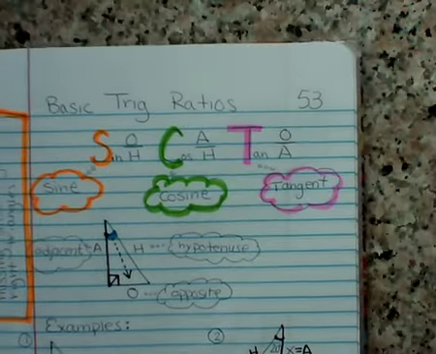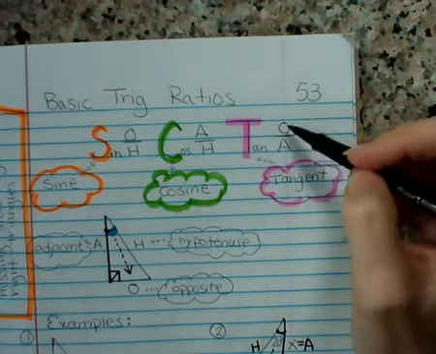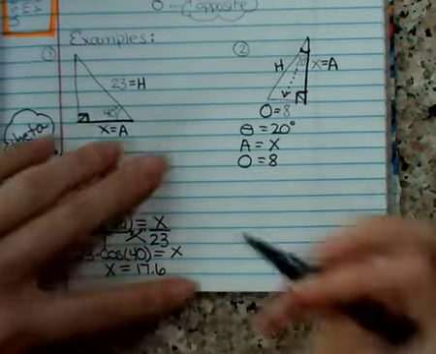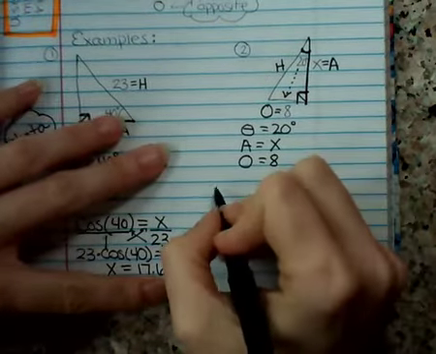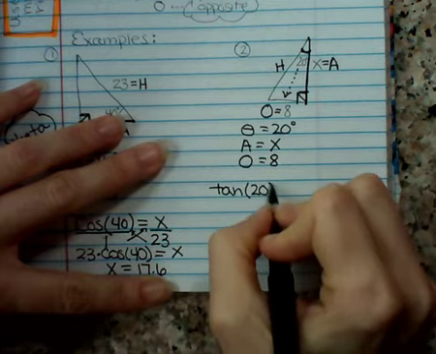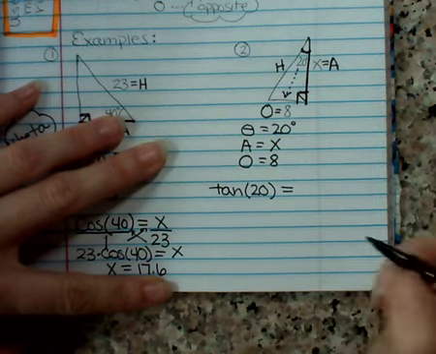So we come back up and look at our SOHCAHTOA. We know that tangent is the ratio that uses the O and the A. So we're going to write our equation. So tangent of our reference angle 20 equals, tangent is opposite over adjacent.